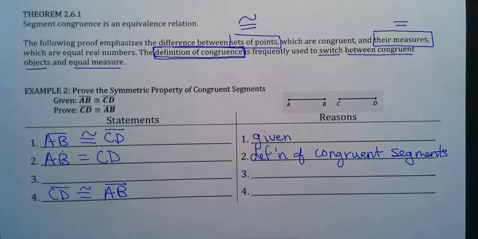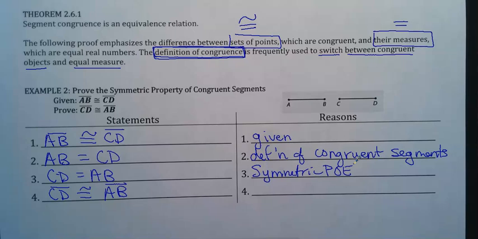Then we can say we know that this is the symmetric property of equality, right? If the measure of AB is equal to the measure of CD, then we know that the measure of CD is equal to the measure of AB. That's the symmetric property of equality that we've talked about.